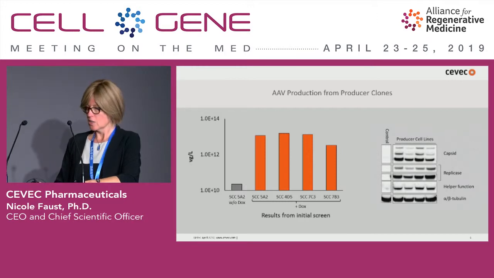When we screened about 200 clones, we came up with a handful of producer clones that yielded in the initial screen between 10E13 to 10E14 viral genomes per liter.